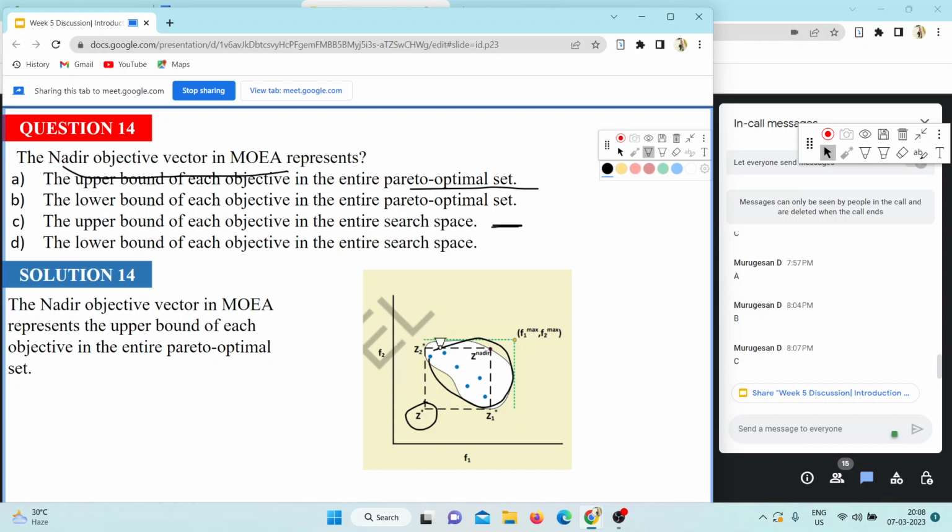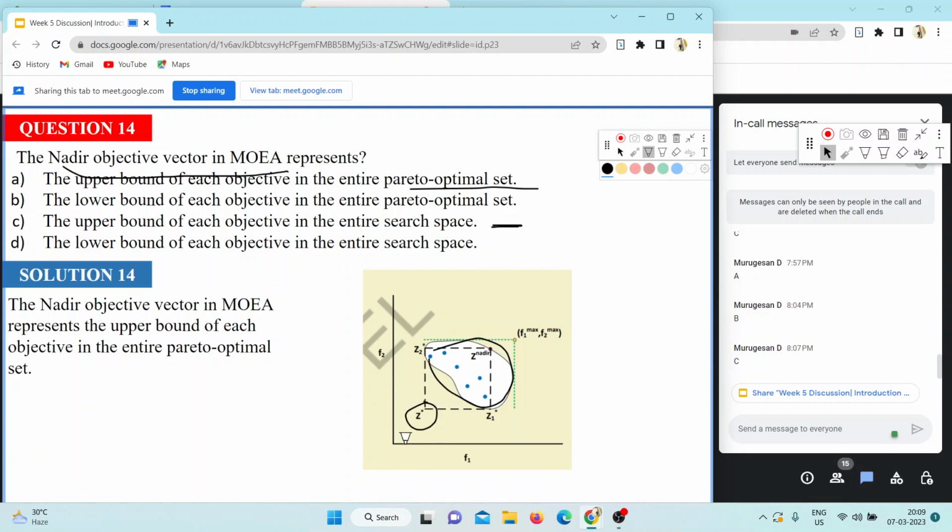The entire space from here to here, if you are bounding this by a rectangle, this is known as your entire search space. So earlier the ideal point was the minimum bound for your entire search space.